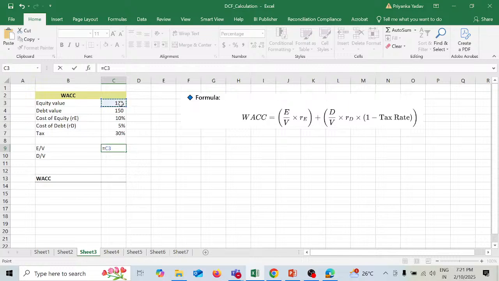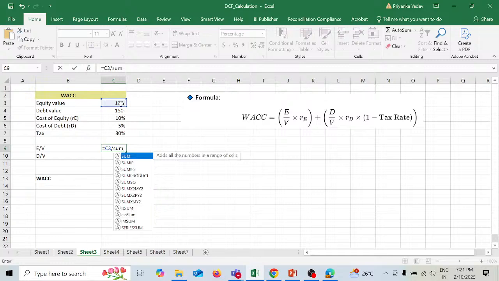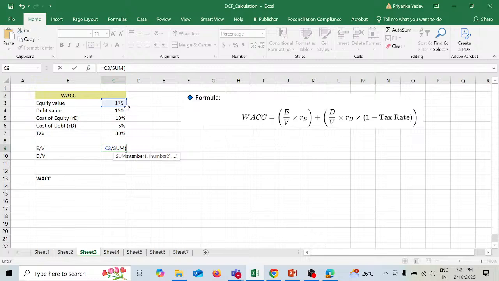Equity value is divided by the sum, we'll take the sum. This is divided by V.